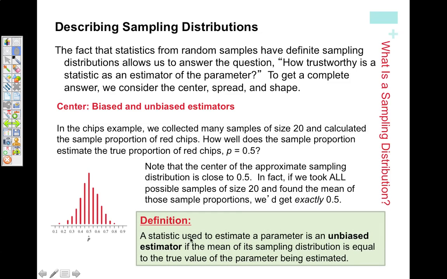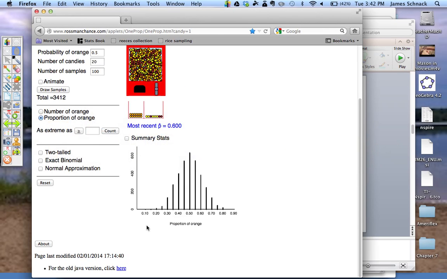So a statistic used to estimate a parameter is unbiased if the mean of its sampling distribution is equal to the true value of the parameter being estimated. So in my distribution here, remember the mean of a normal distribution is right in the middle. My normal distribution is centered effectively at 0.5.